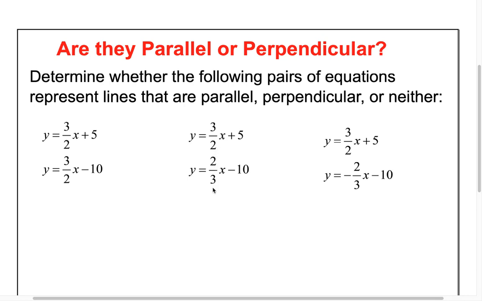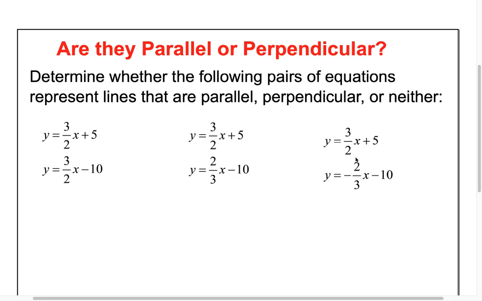But this one also is a positive slope going up to the right. So I know they can't be perpendicular because their signs are not opposite of each other. I don't have one going up to the right and one going down to the right. So I can stop right there and say that these are neither parallel nor perpendicular, even though they have slopes that are reciprocals of each other, they're not negative reciprocals of each other. And that's the necessary condition for it to be perpendicular.